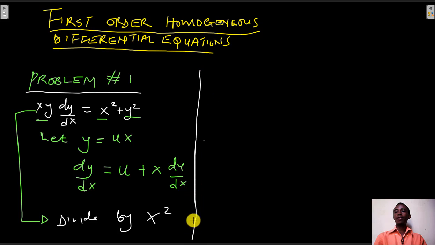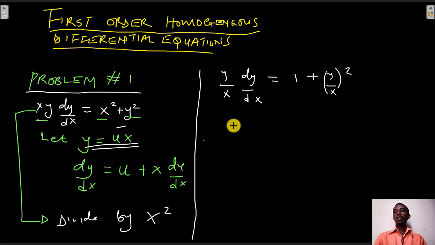If we divide this equation by x squared, then we'll have y over x dy/dx equals 1 plus y squared over x squared. Notice from here that y over x is actually u. So we have u, and instead of dy/dx, I'm going to write this.